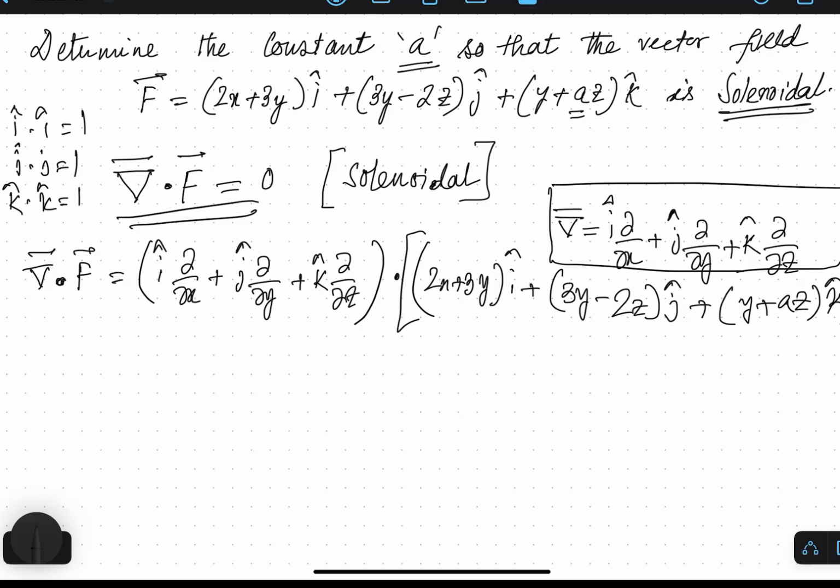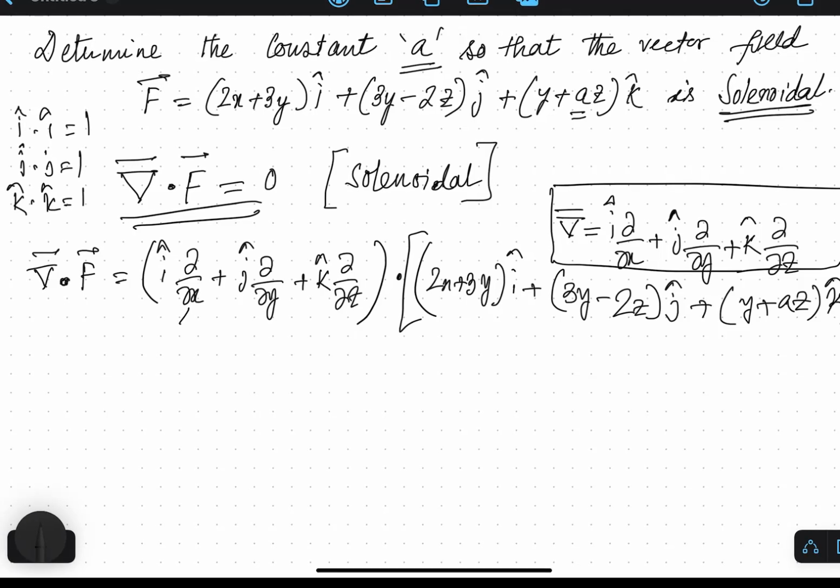So when I have this i dot i, I can write this one and this one, then j dot j, and then k dot k. So these three terms, the first term with the first term, the second with the second, will survive, and the rest of the dot products become 0, so I will not consider those.